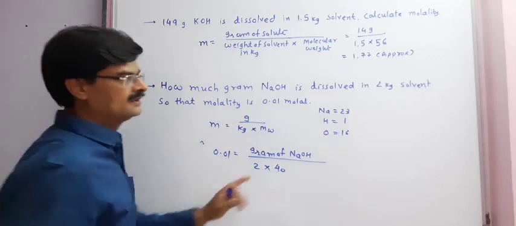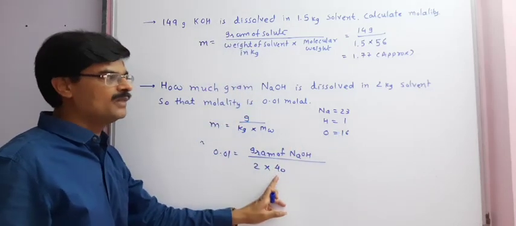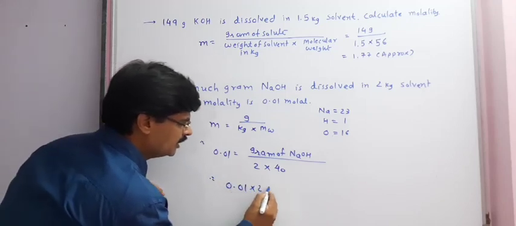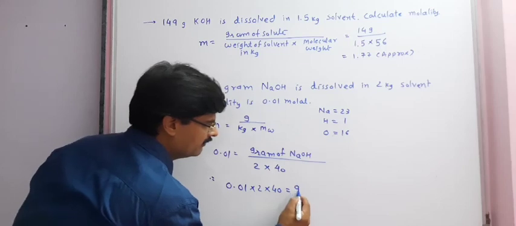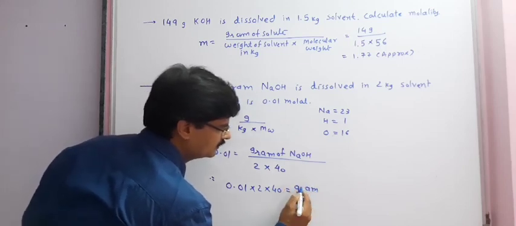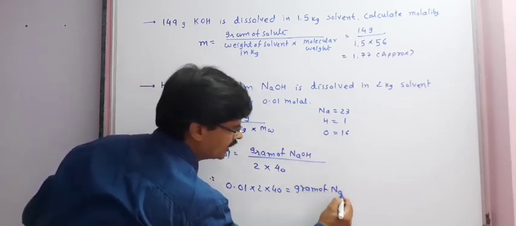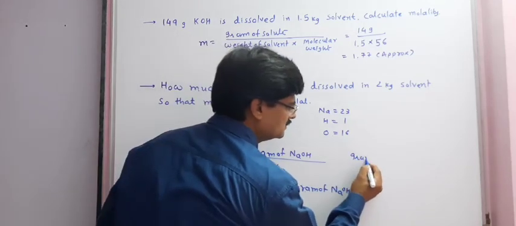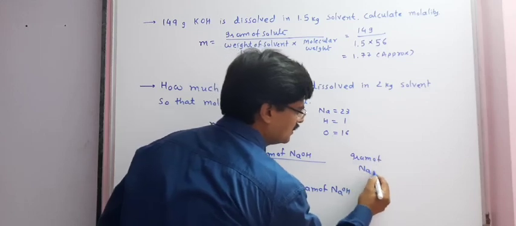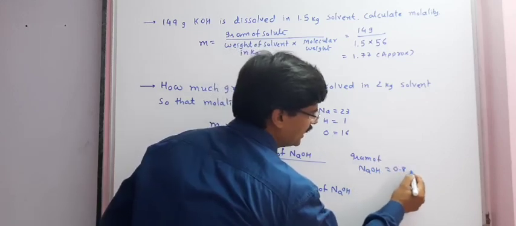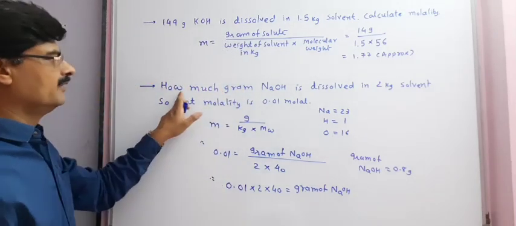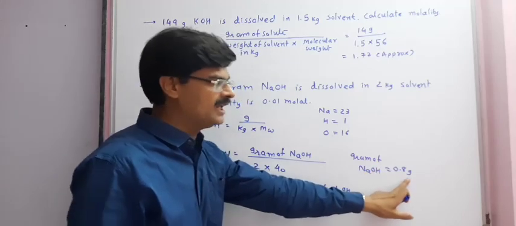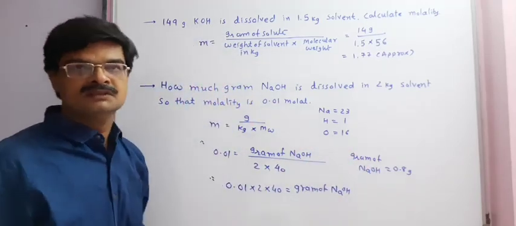So on adding these atomic masses, we get the molar mass of NaOH to be 40. 0.01 into 2 into 40, we will get gram of NaOH. On solving this, we will get 0.8 gram. It means it is asked how much gram of NaOH is dissolved. So we can say 0.8 gram NaOH is dissolved.